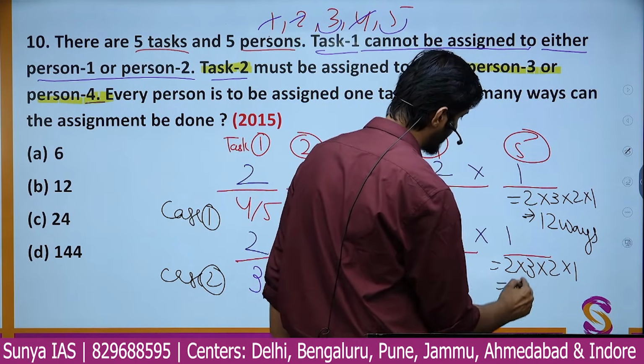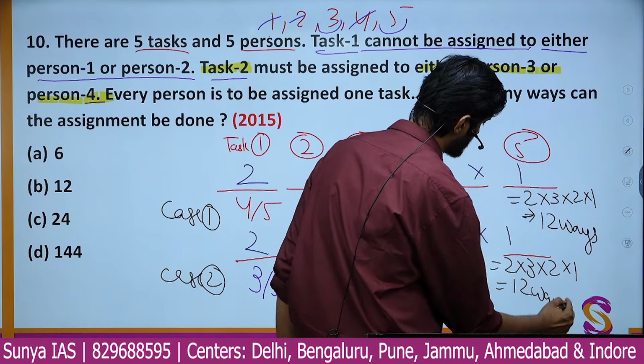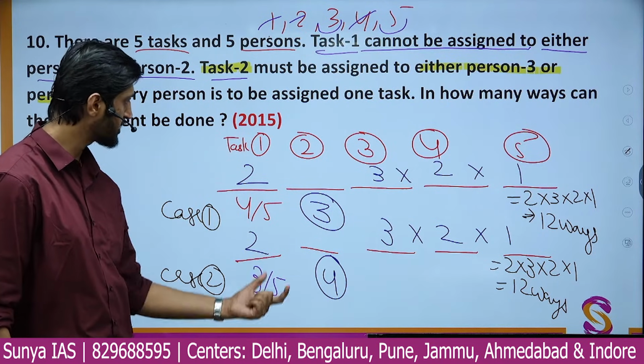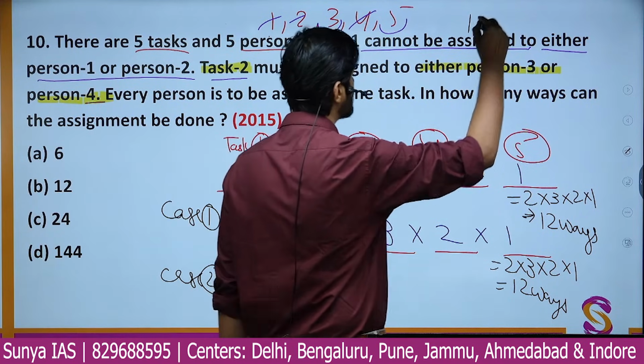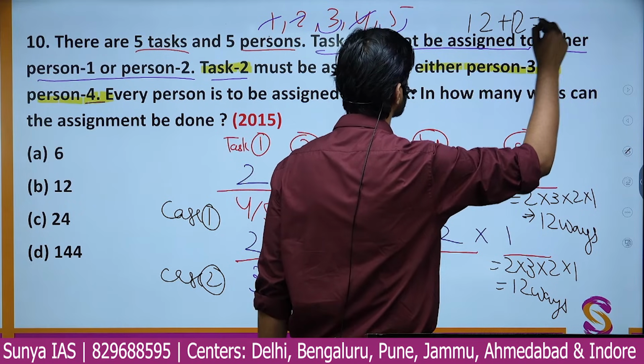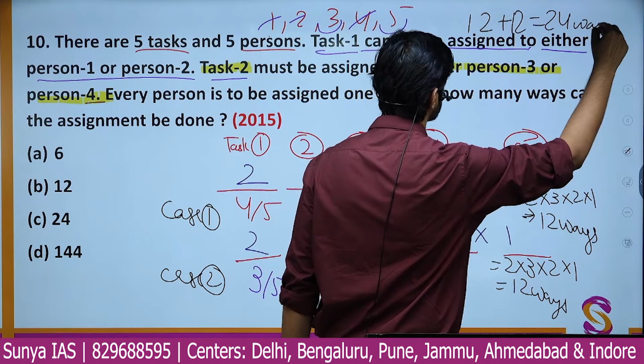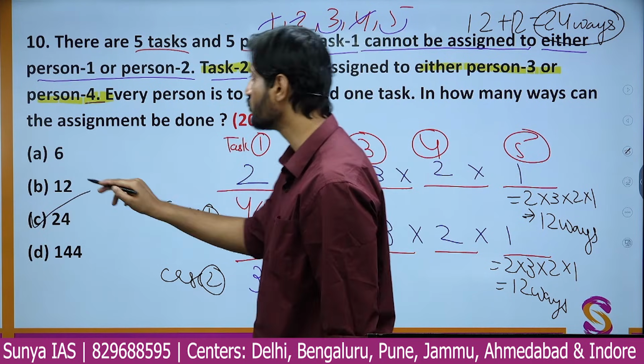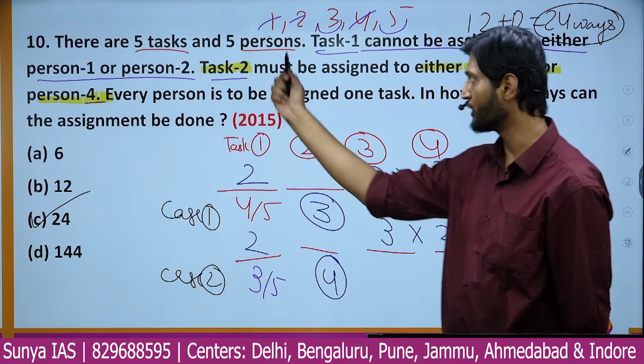That is again 12 ways. So overall ways in which the assignment of tasks can be done in both case 1 and case 2 will be simply 12 plus 12, that is 24 ways. So in overall 24 ways, we can assign the tasks to these 5 people given the following criteria.